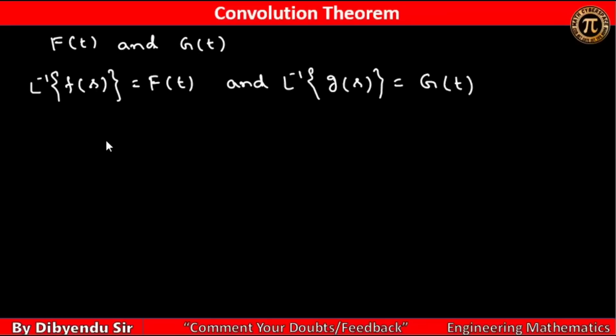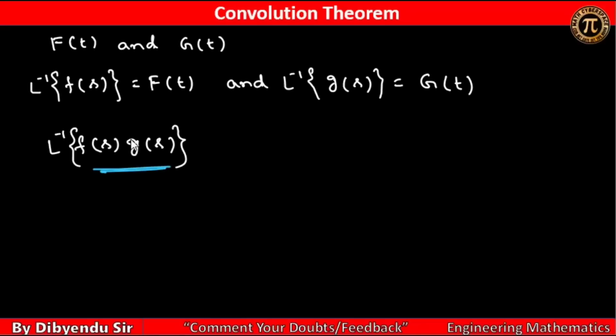Now if any function is the product of f(s) and g(s), then we have to find the Laplace inverse of the product of the two functions f(s) and g(s). In that case, we can use the convolution theorem.